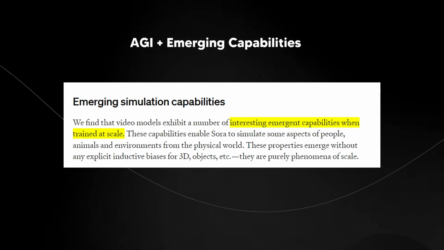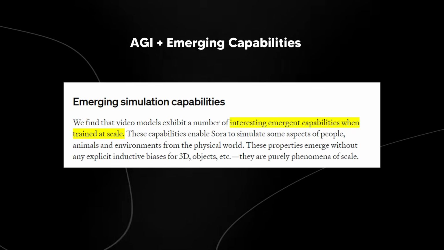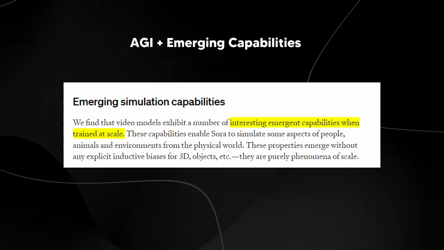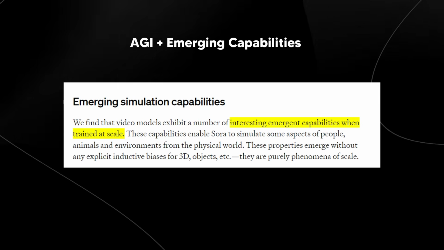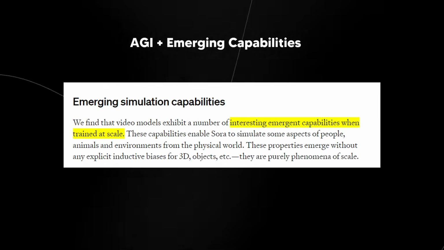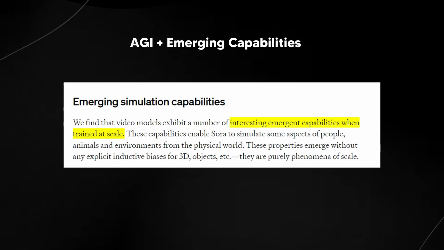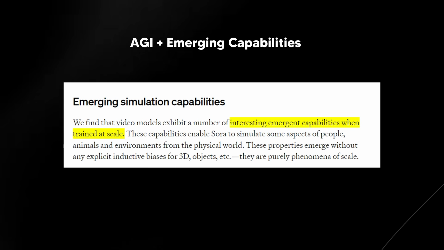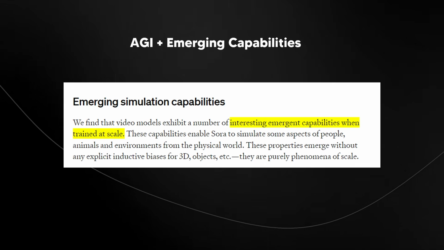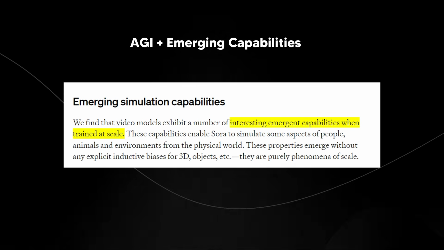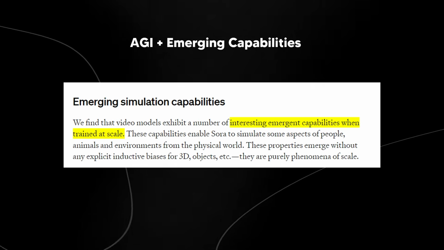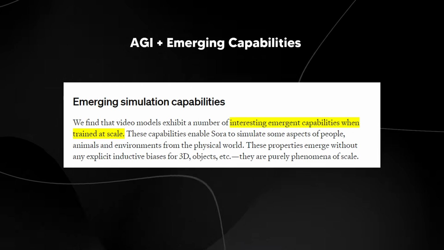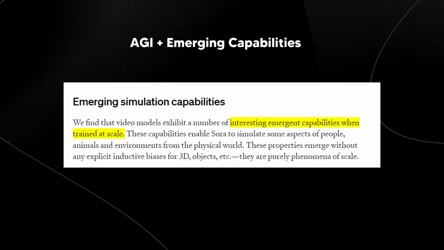So you can clearly see that them stating that video models exhibit a number of interesting emergent capabilities when trained at scale shows us, like I stated before in another video, that when the next successor system, whether it be GPT-5, GPT-6, or whatever AI system, is trained at a ridiculous level of scale, emergent capabilities are going to occur that will lead to massive breakthroughs.